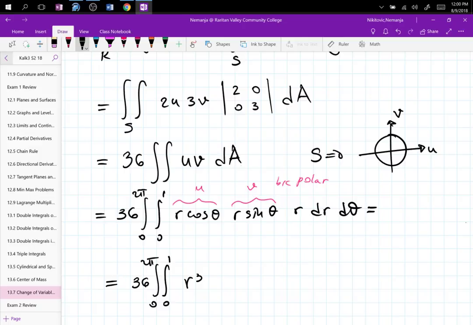sine cosine. You know what I'm going to do? I'm going to make that into a sine 2 theta and steal 2 from 36, so now it's 18. Bueno? Yeah, a little bit of trig. Maybe I write it in orange on the side because it's so much fun. Sine 2 theta is 2 sine theta cosine theta.